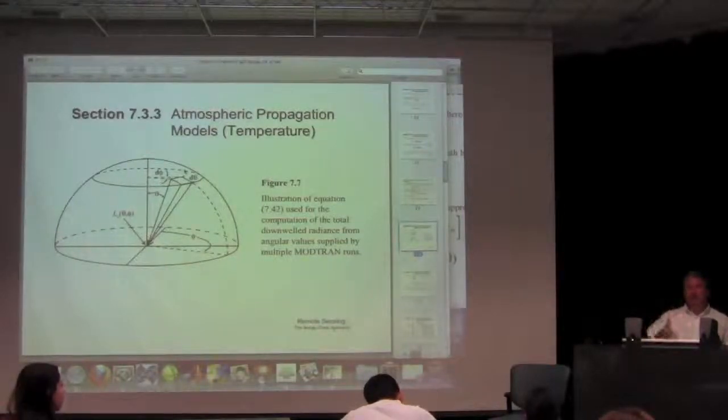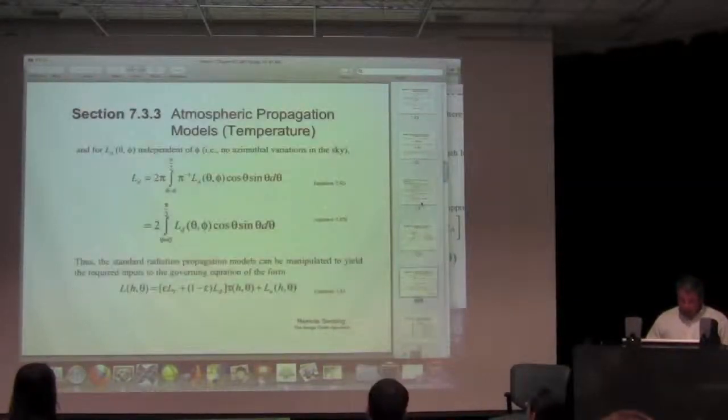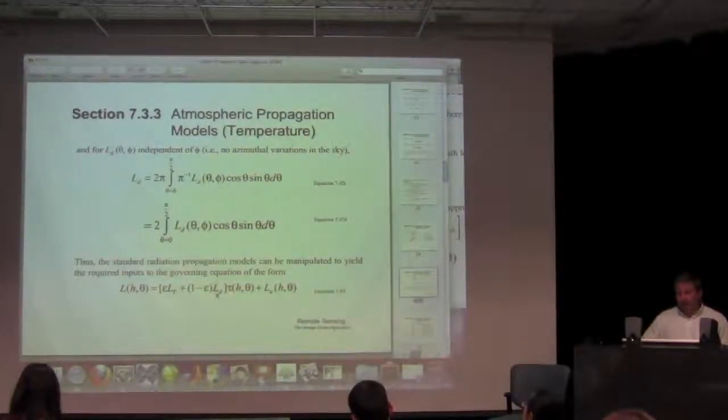Surface albedo is the equivalent of reflectance. 0 becomes a black body, so it treats the atmosphere as a black body. So once you get that LD term, it is just a single term here. This is the integral of all those radiance or irradiance values that you measured as a function of angle around that hemisphere. Then you can go ahead and put whatever target you want on the ground, and it would have that reflectance.